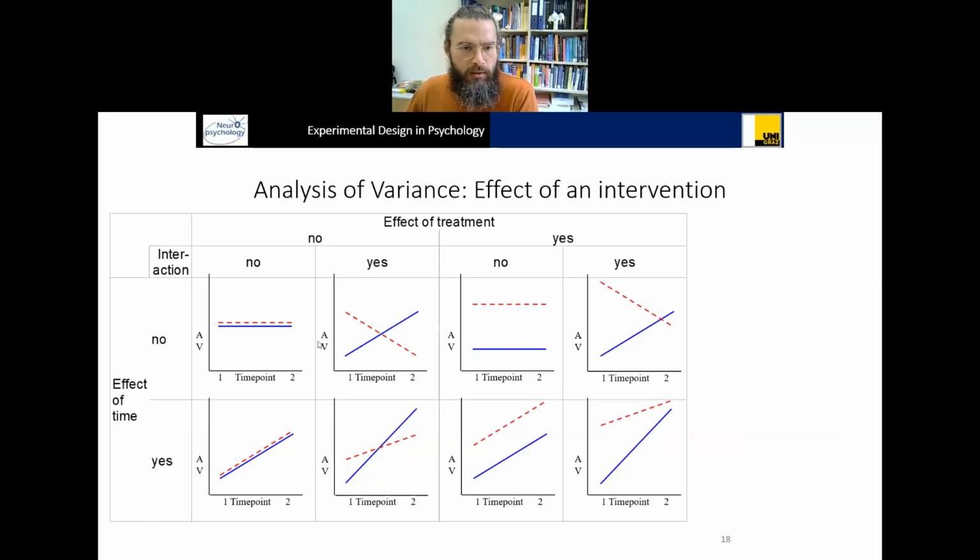But in this case here, you have still no effect of treatment when you consider both groups together. So there is no main effect of treatment.